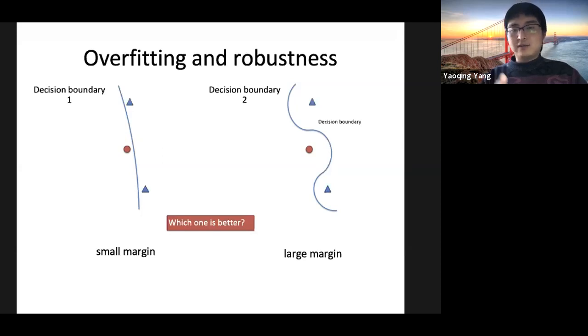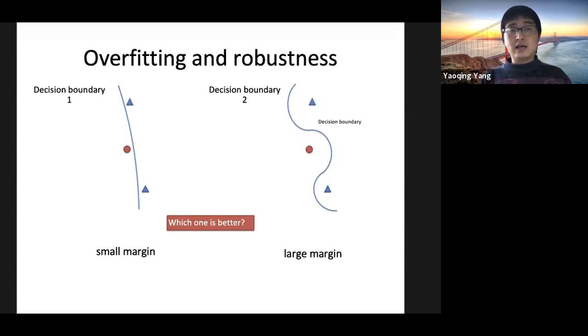In high dimensional space, you can have, for example, 1,000 dimensions, and when you project onto each dimension, you might have a different plot. What I'm showing here is just a pictorial illustration of what happens when you compare two different types of decision boundaries in a very toy setting.